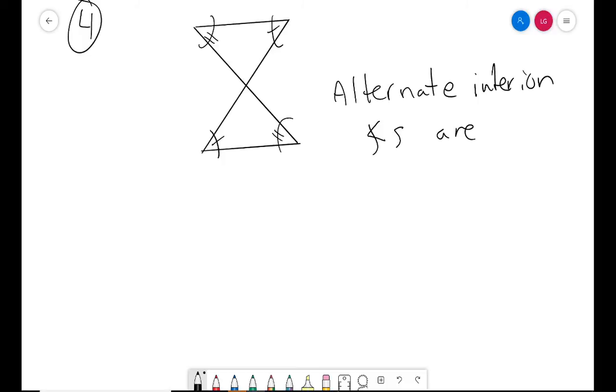Running out of space on the side of the screen there. Congruent. But we must have the condition that those two sides of these triangles are parallel to each other. If we do not, we cannot say that alternate interior angles are congruent.